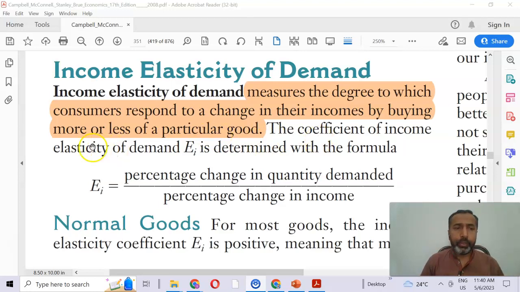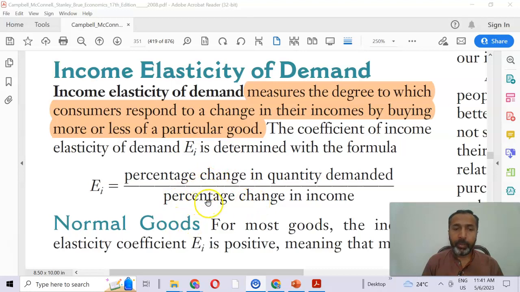The coefficient of income elasticity of demand is determined with this formula: the numerator is percentage change in quantity demanded, while the denominator is percentage change in income. So we shall see here, if the income increases by 1%, by how much percentage the quantity demanded will increase.